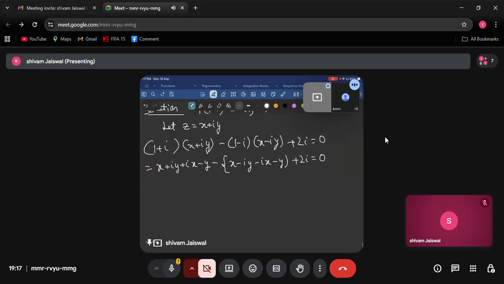You see, x and x get cancelled, y and y get cancelled. You are going to get iota into x plus y plus 2 equal to 0. So this implies the equation of the straight line is x plus y plus 2 equal to 0.